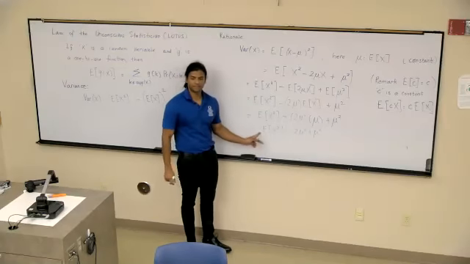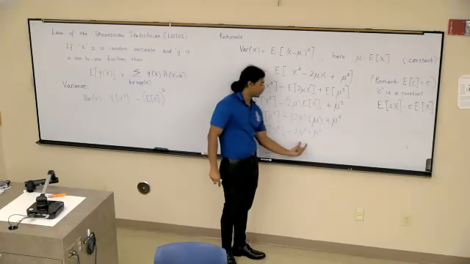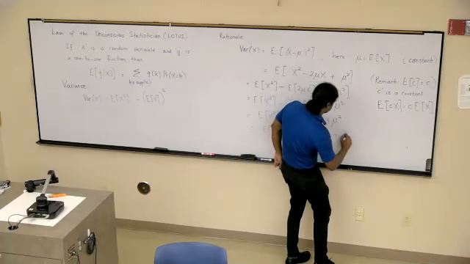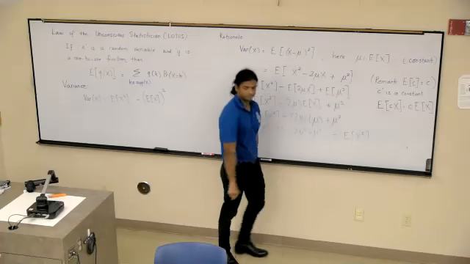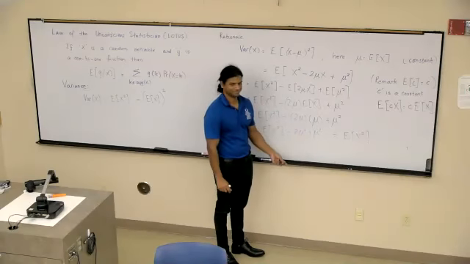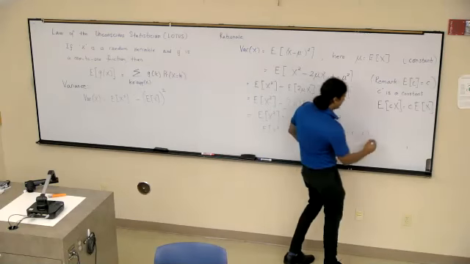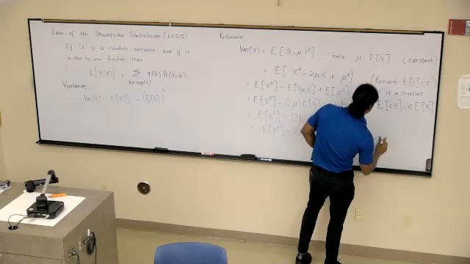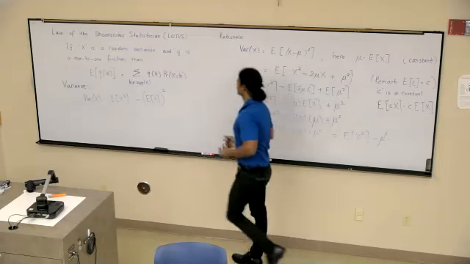So we have expectation of x squared minus 2 mu squared plus mu squared, which will give us, basic algebra, minus mu squared.